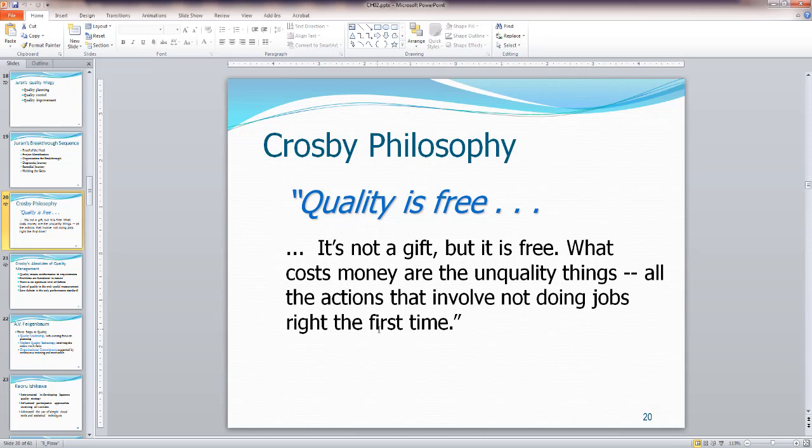You don't have to do a whole lot to maintain a certain level of quality, even though that's not necessarily true, because you're trying to improve on things, so there's always cost to it. So his philosophy was that once you establish quality into the process, it is basically viewed as free from the consumer end, which is honestly not the case. You're always spending money to constantly improve certain things, and everything has a cost.